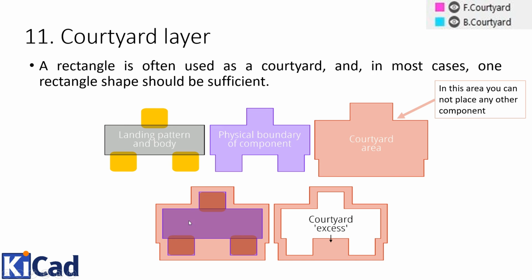And over here, when the component is placed, there is a little area which is the courtyard layer. And over here you have to also add courtyard. This is the courtyard access, because you can also draw the courtyard over here like this, but you have to give this, as you cannot place any component between the two legs of this component. So this is the courtyard access area. Overall, the courtyard layer just helps to give a little margin with the other components so that the footprints or the components don't overlap with one another.